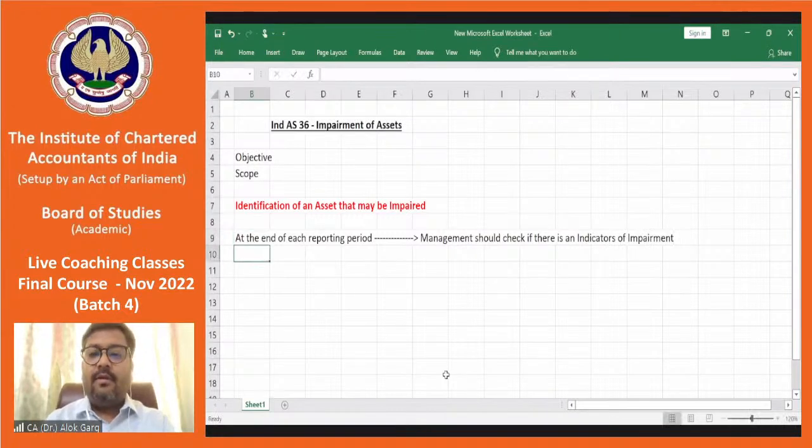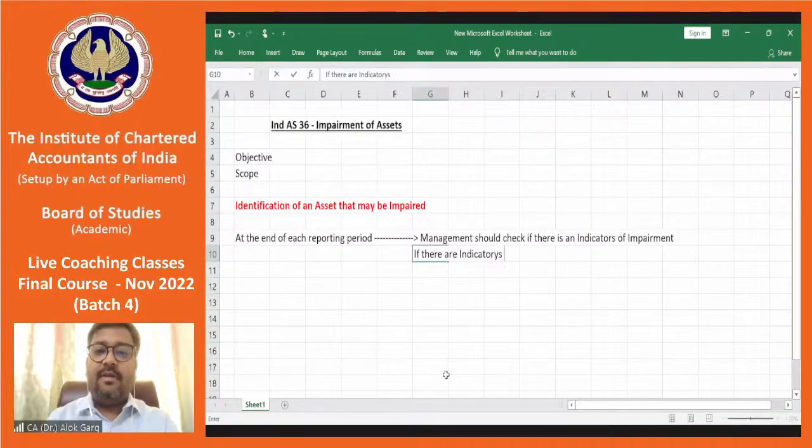Okay, management should check if there is an indicator of impairment, and if the answer is yes, and if indicators exist, then estimate recoverable amount, then do the impairment testing, and estimate recoverable amount.